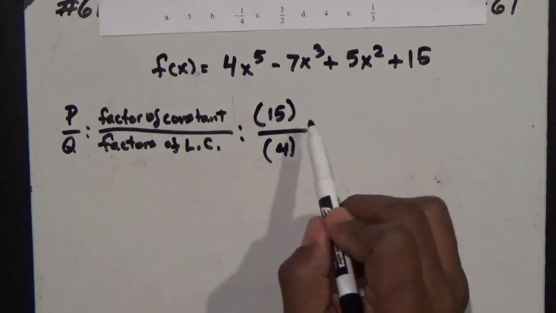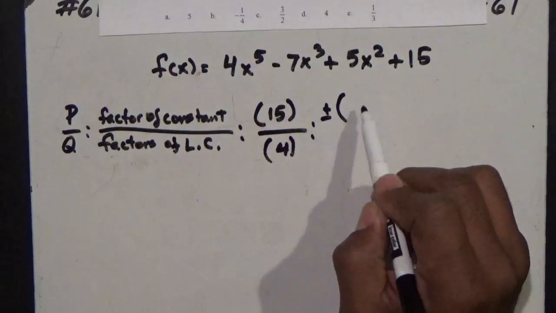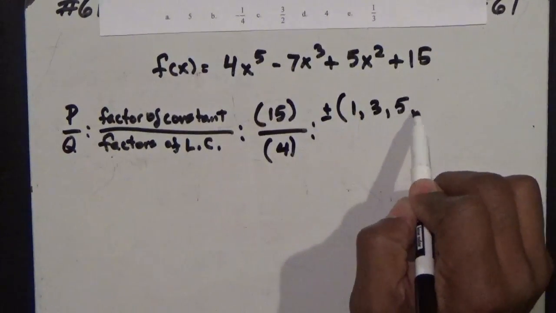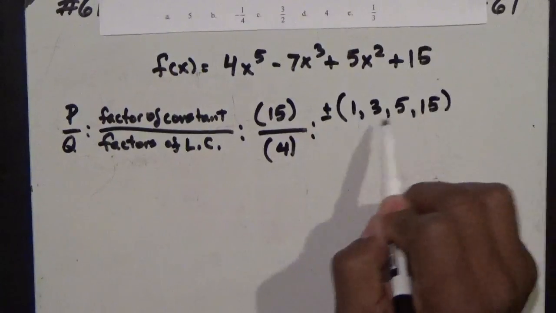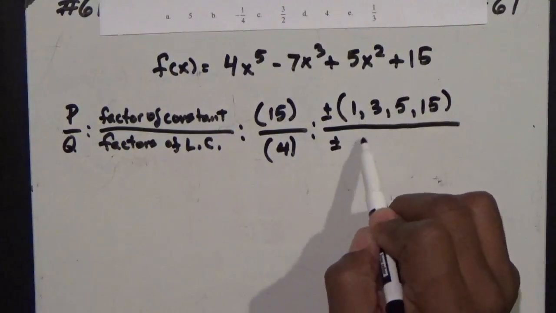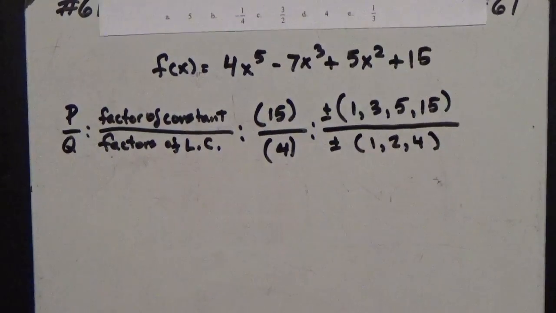We want to give the factors of those. So we say plus or minus, well, how can I get 15? 1, 3, 5, and 15 over the combinations of 1, 2, and 4, the factors of 4.